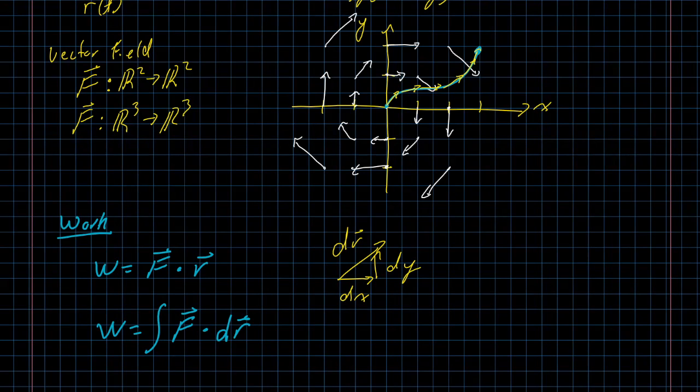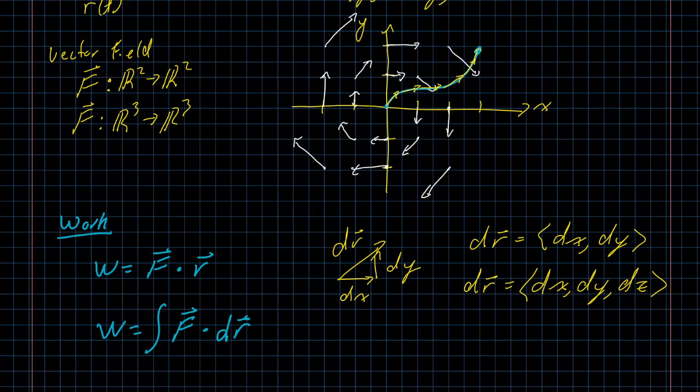We can break it into components. dr is the vector with components dx, dy if we're talking about two-dimensional motion, or if we want to bring it into three-dimensional motion, we can talk about dx, dy, and dz. Either way is perfectly effective, although sometimes a little bit challenging.